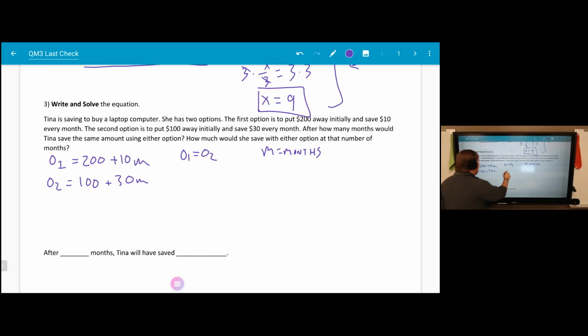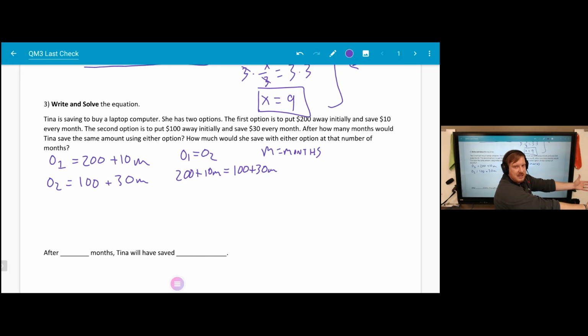Or when would 200 plus 10M equal 100 plus 30M? Ooh. So now we need to get everything on the same side that needs to be. I want to put my variables on one side of the equal sign, either the left or the right, and my constants on the other side. I'm going to start by subtracting 10m from both sides.